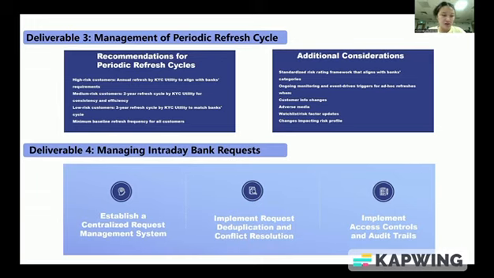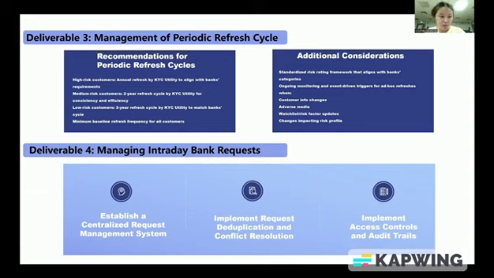As for the low-risk customers, a 3-year refresh cycle by KYC utility to match bank's cycle. Here, as for the additional considerations, ongoing monitoring and event-driven triggers for refreshes when customer info changes or adverse media occurs, or watch list or risk factor updates, or changes impacting risk profile.